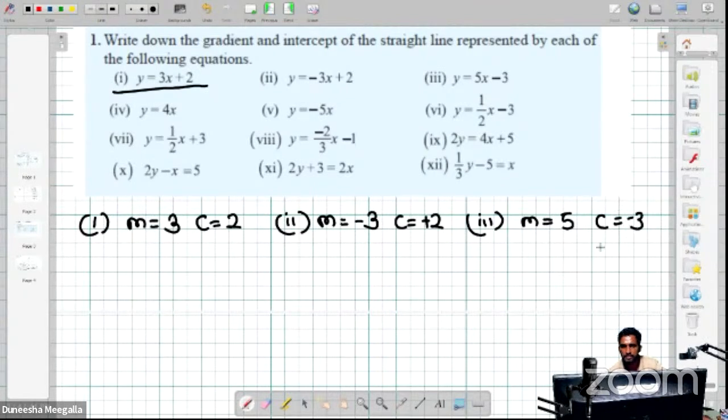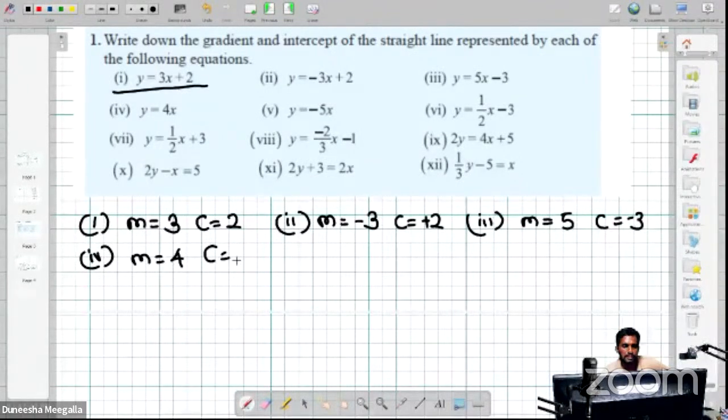Then the fourth one, what is m, the gradient? The gradient is 4.